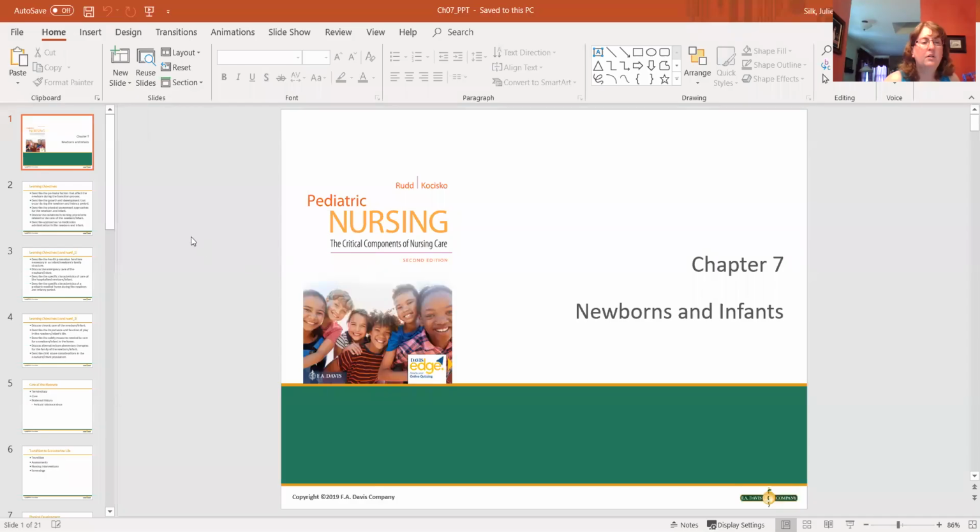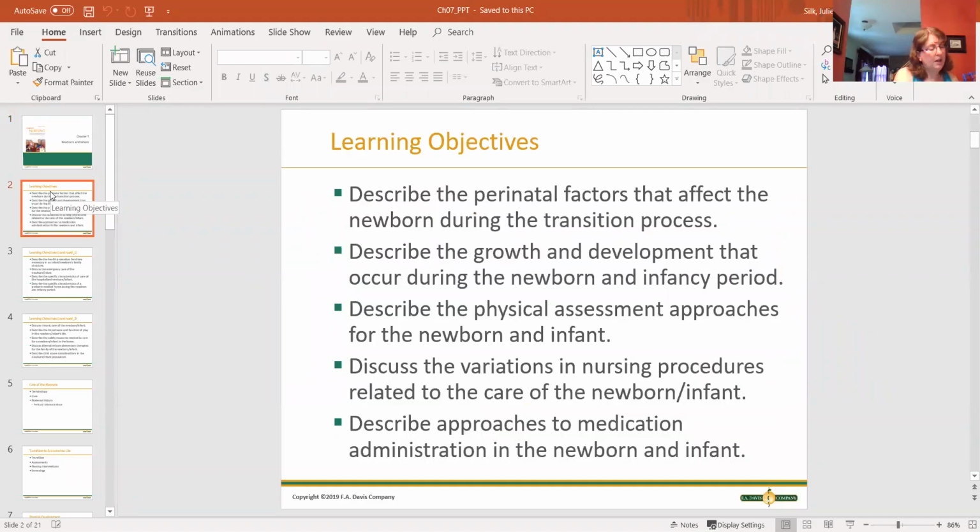Our next chapter is going to be about newborns and infants. In this chapter, we want to describe the perinatal factors that affect the newborn during the transition process. We want to describe growth and development that occur during the newborn and infancy period, describe the physical assessment approaches for a newborn and infant, discuss the variations in newborn procedures related to the care of the newborn and infant, and describe approaches to medication administration in the newborn and infant.